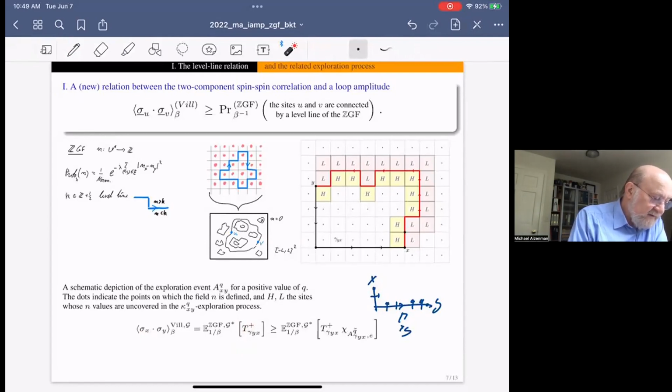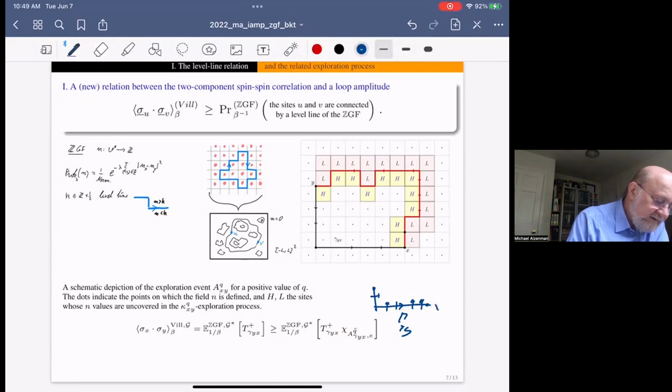And the bound which we are presenting here is fed by the simple inequality that whatever is the value of this, you get a lower bound by looking at a certain type of configurations, and the type of configurations is defined by the condition that there is a level line linking the two sides. Oh, sorry, I switched X and Y here.